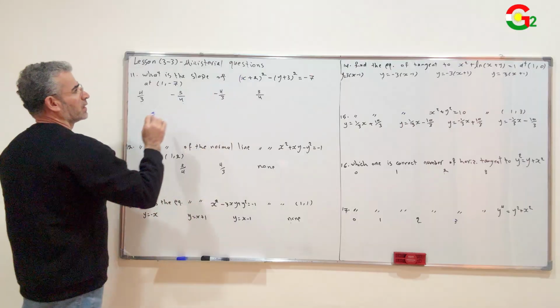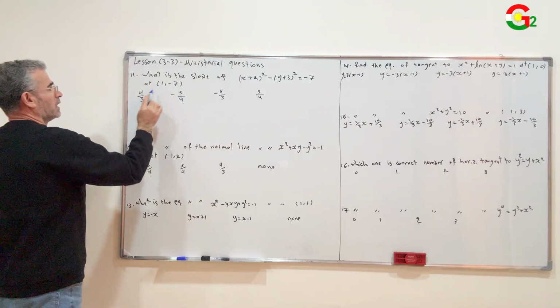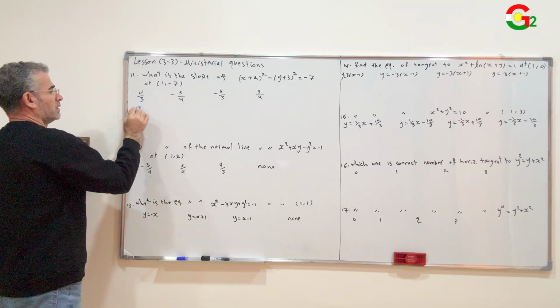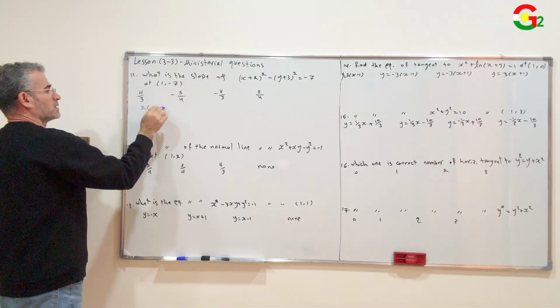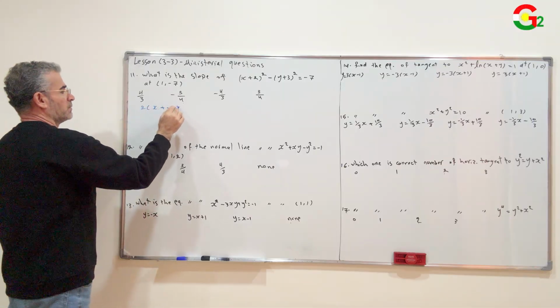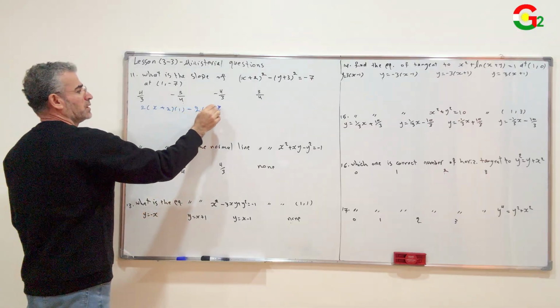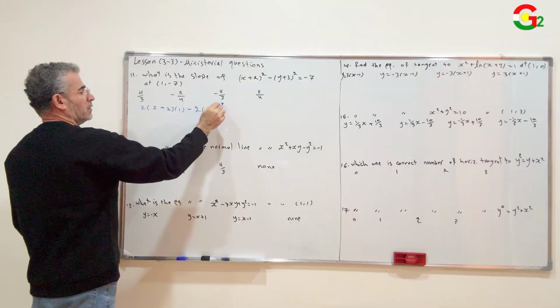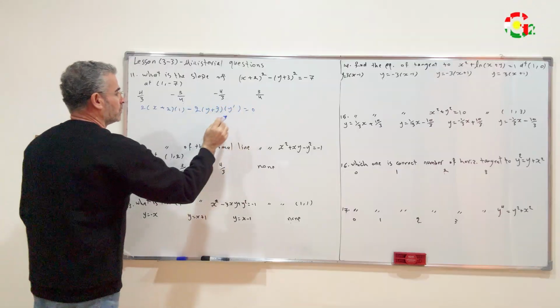First we find the y prime, then we find it at the point 1, negative 7. Differentiate both sides with respect to x. 2 x plus 2 power 1 times 1 minus 2 y plus 3 power 1 times y prime equals 0.